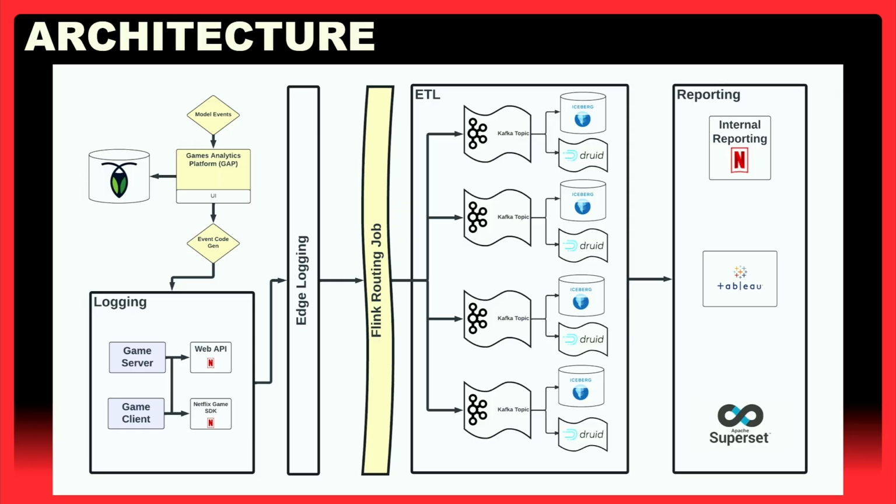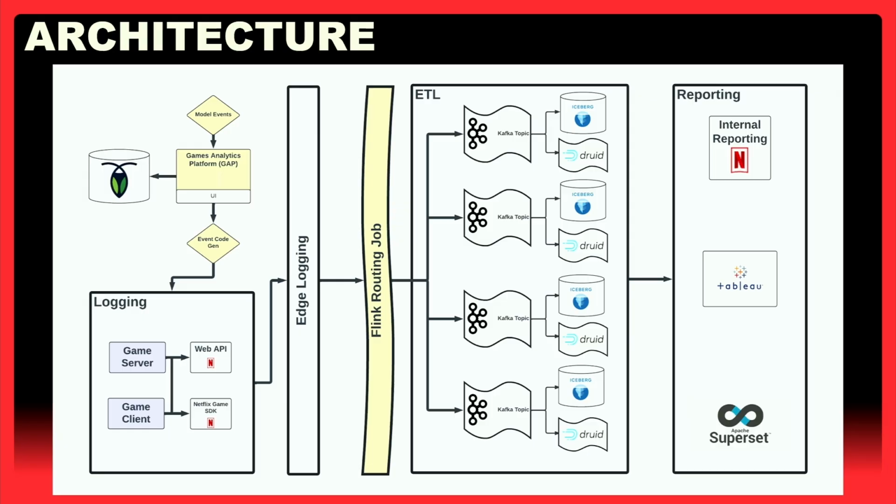And I'm going to go through some of the individual components a little bit later. But once the data lands in these primary Iceberg tables, we obviously have a lot of reporting tools which are internal, but also Superset, Tableau, which lets you access the data directly under the hood. Druid is a complementary technology which provides low latency real-time analytics and is complementary to Iceberg, depending on the use cases that you have.